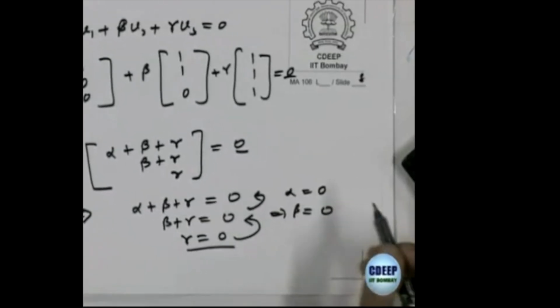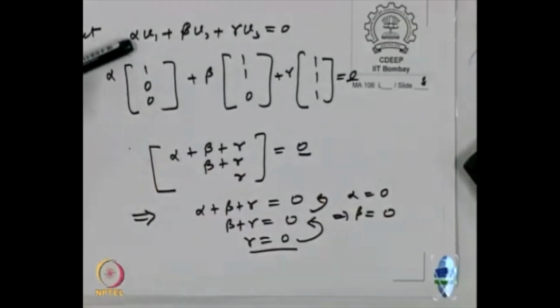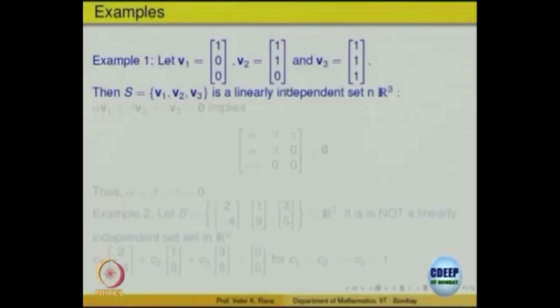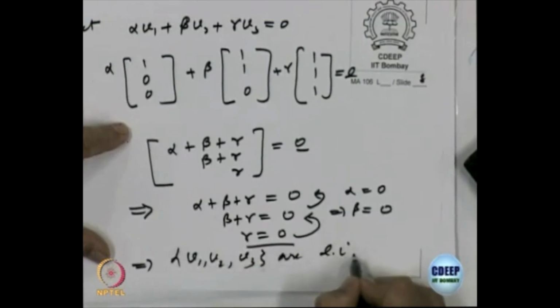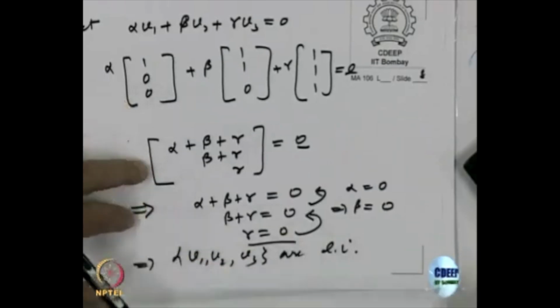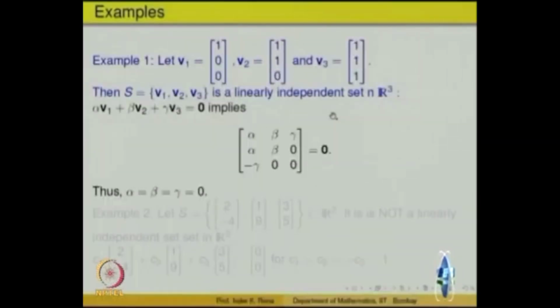So that says that these 3 vectors in R3 are linearly independent. So V1, V2, V3 are linearly independent. That is a proof that I just gave, that the linear combination equal to 0 forces all coefficients to be 0.